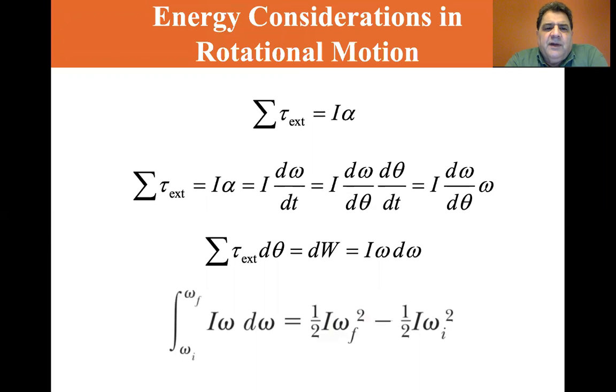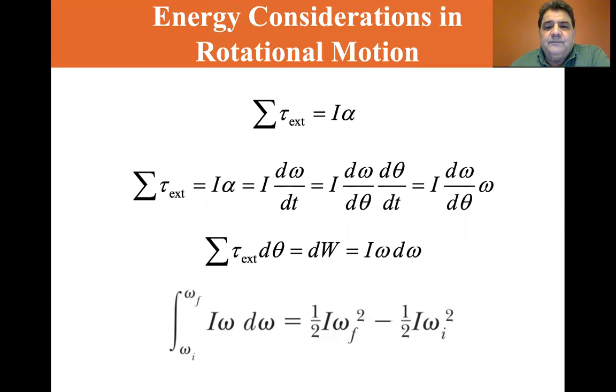So the sum of the torques d theta equals dW equals I omega d omega. So the integral from omega initial to omega final of I omega d omega is 1/2 I omega squared final minus 1/2 I omega squared initial.